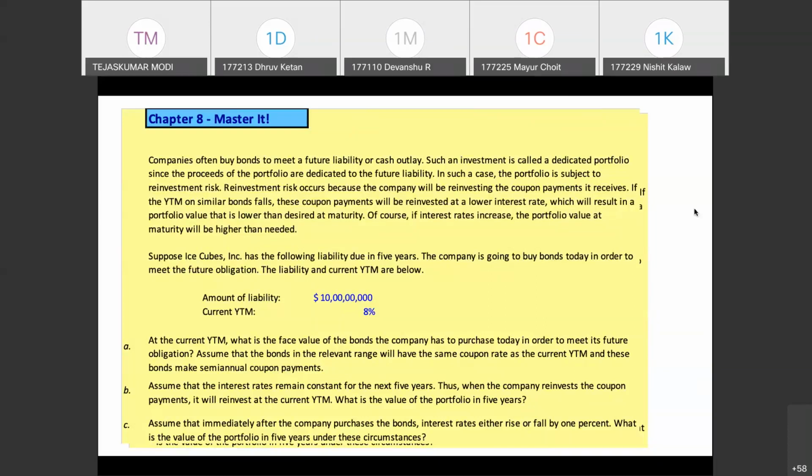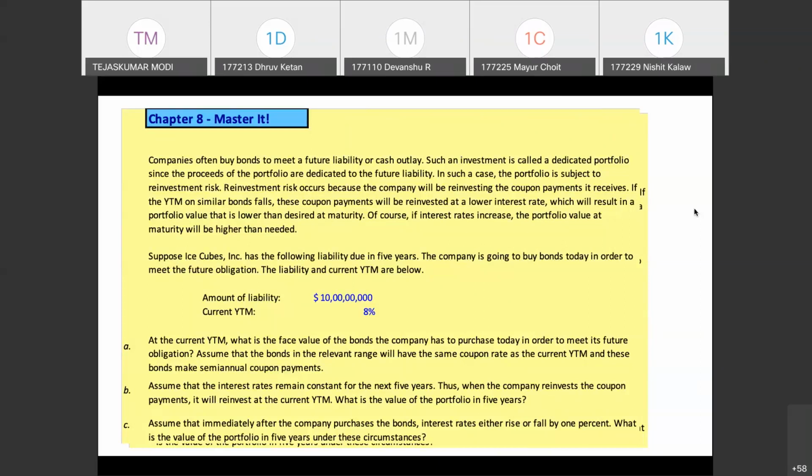Yes, Devanshu, what is this case all about? Let me make your life easier. You have a liability of 100 million after 5 years, right? And the YTM, the market return, is 8% right now, and the coupon is also 8%, given in the first question itself.